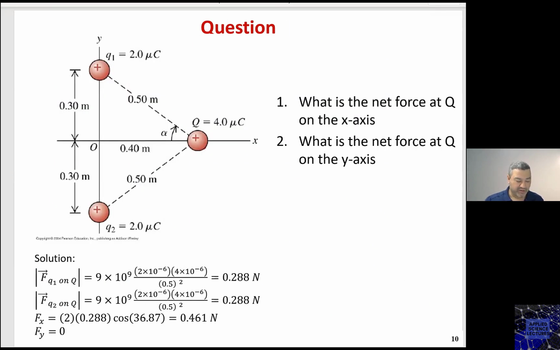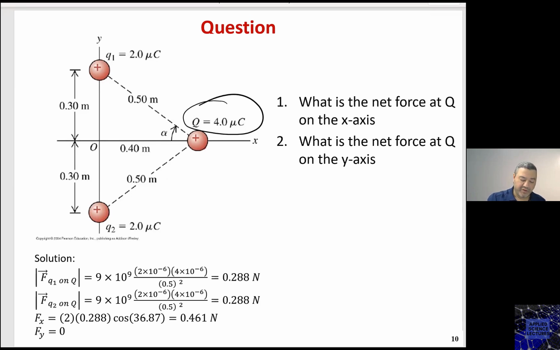Last question is asking what is the net force at Q on the x-axis, and what is the net force at Q on the y-axis.